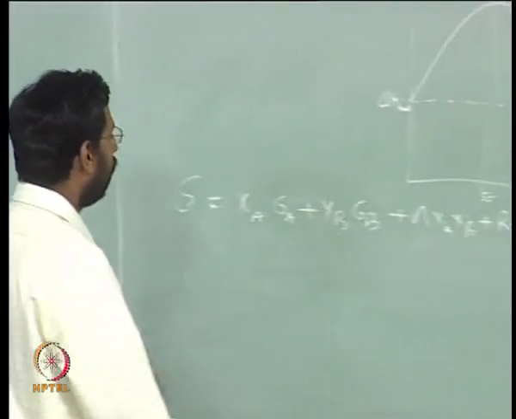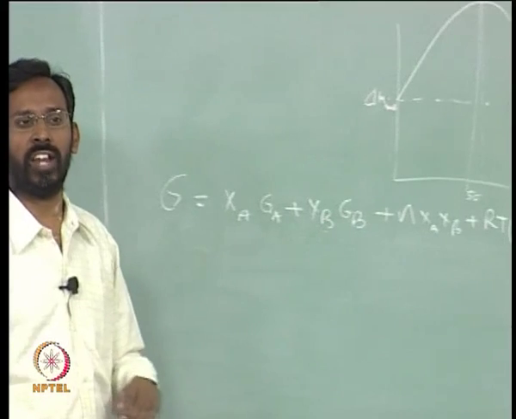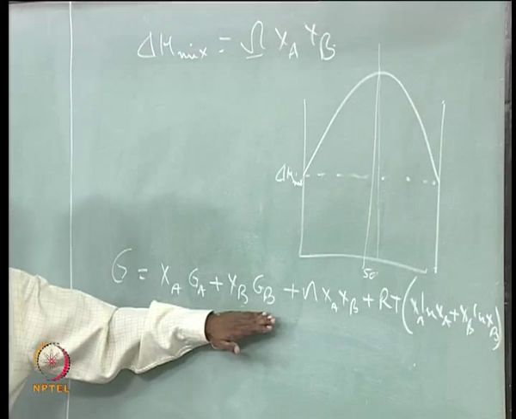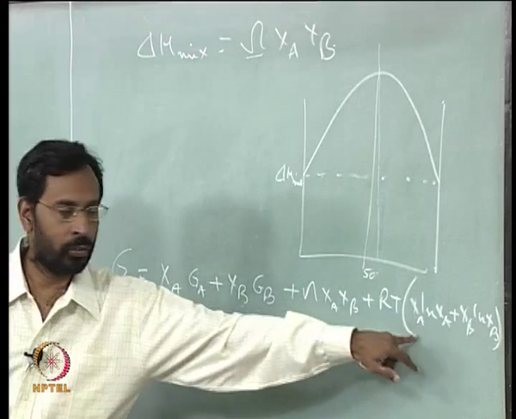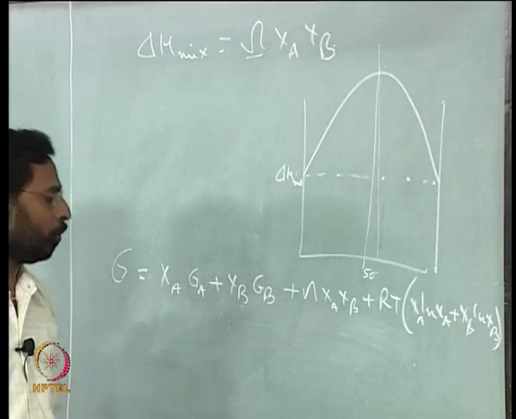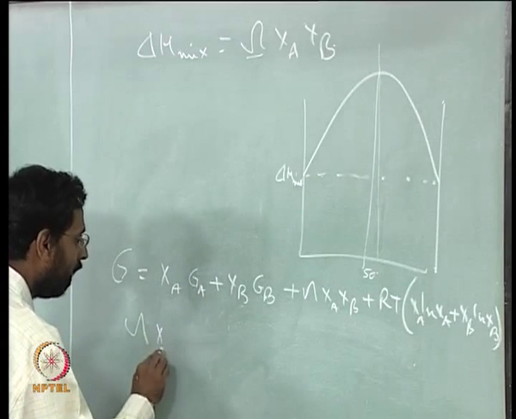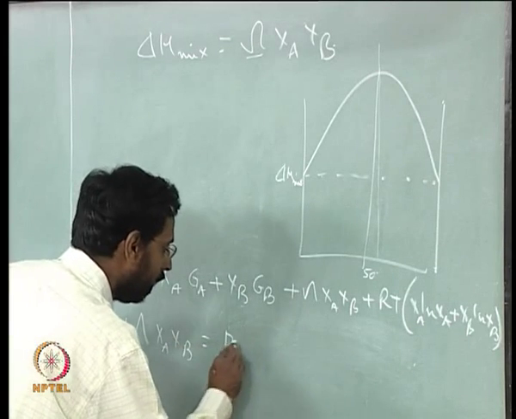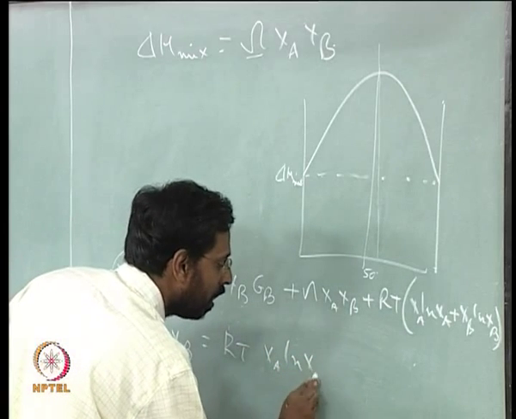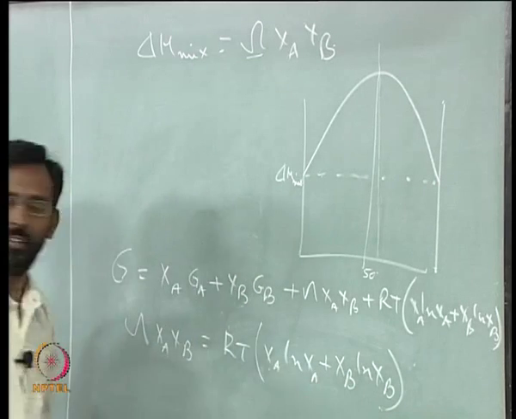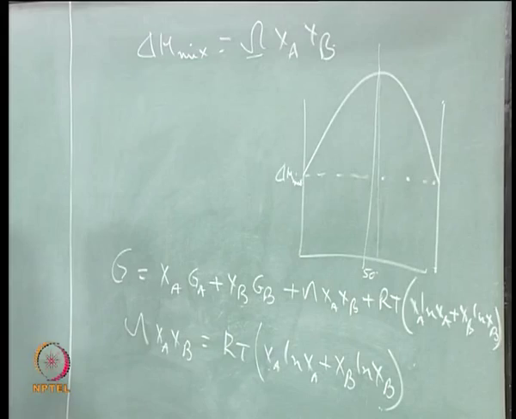And we said if you can assume these as standard states and assume GA and GB to be 0, basically you equate these two, omega XA XB is equal to RT (XA ln XA plus XB ln XB), and then find out that T where this is equal.